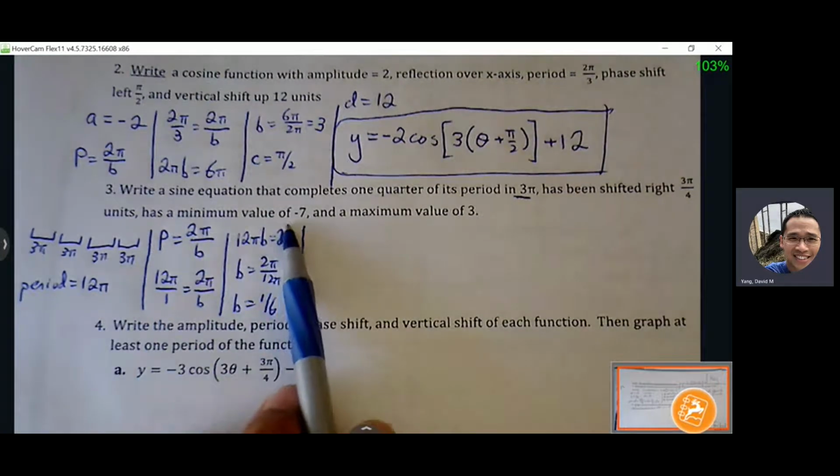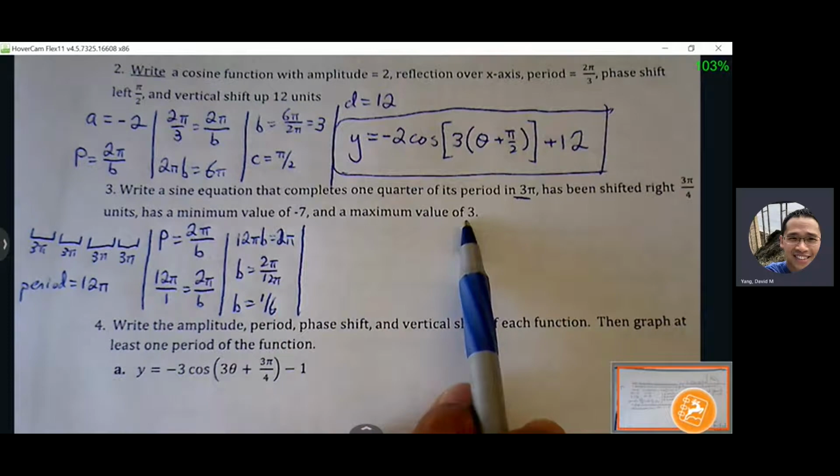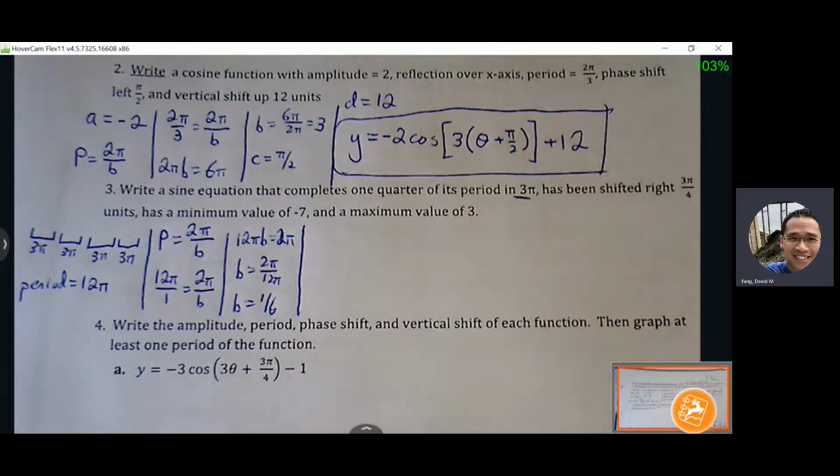We know the minimum value is -7 and the maximum value is 3. Now everything is going to be symmetrical, right? So if I can figure out what is between the minimum and maximum, then that's going to be my center, right? That's going to be my midline.